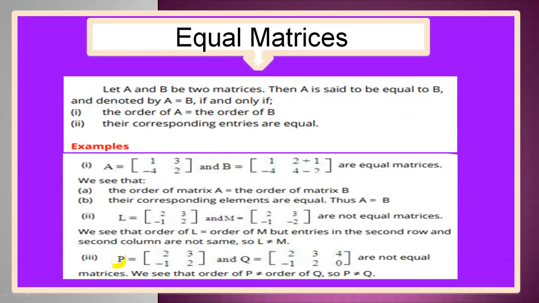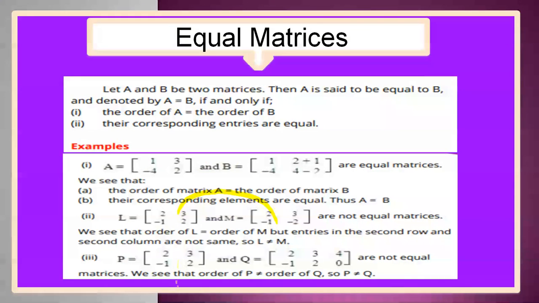Okay, now what about the P situation? See the P matrix: the order of this matrix is two rows and two columns, 2 by 2. Look here, the Q matrix has two rows while three columns. Their order is not the same, which means they are not equal. Why do we look at the elements? If the order is the same, then we look at the elements. That's why we compare these elements.